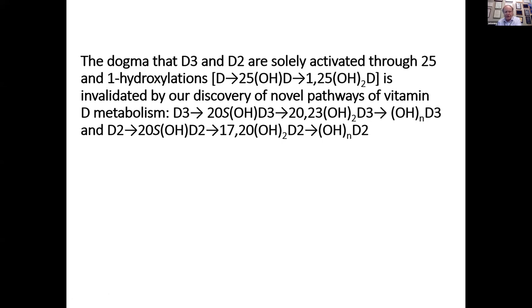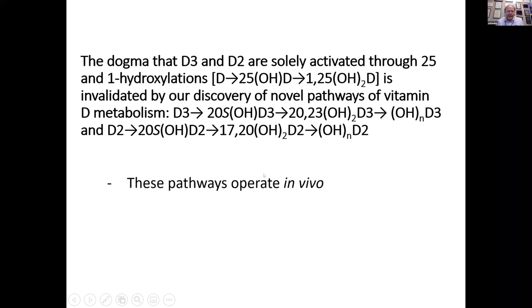So, in conclusion, the dogma that vitamin D is solely activated through 25 and 1-alpha hydroxylation is invalidated by our discovery of novel pathways of vitamin D metabolism by CYP11A1 with multiple hydroxy forms, and the same is for vitamin D2. These pathways operate in vivo.